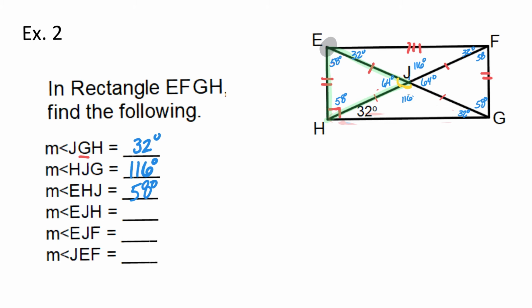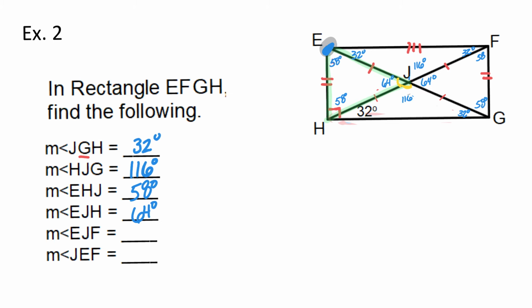Next, we go from angle E to J to H, which would be this angle, which we clearly have measured as 64 degrees.